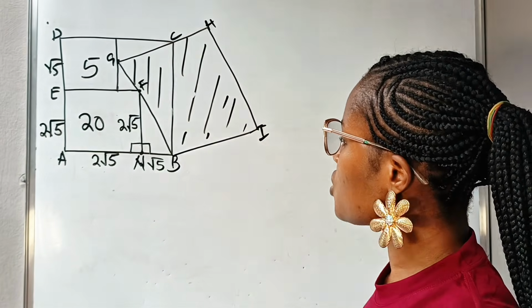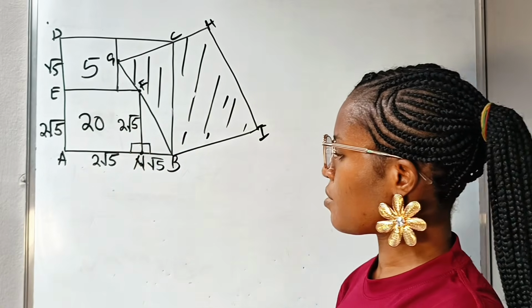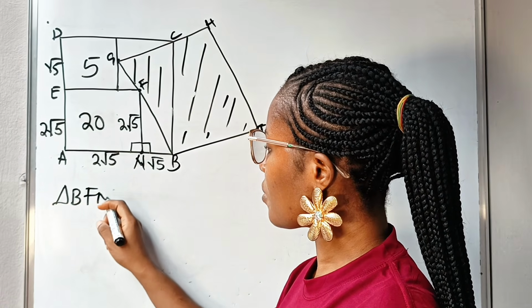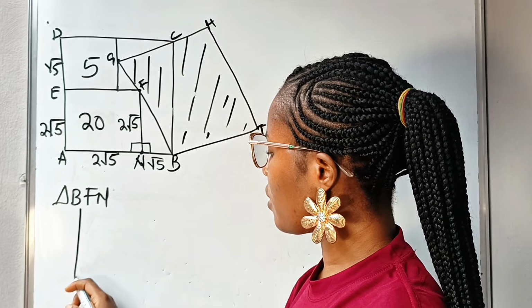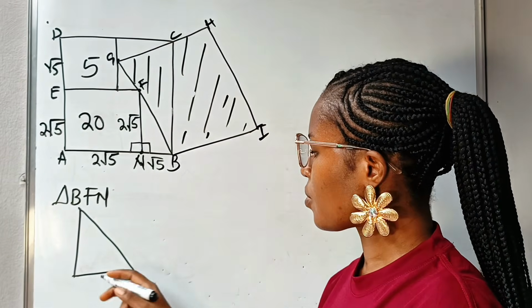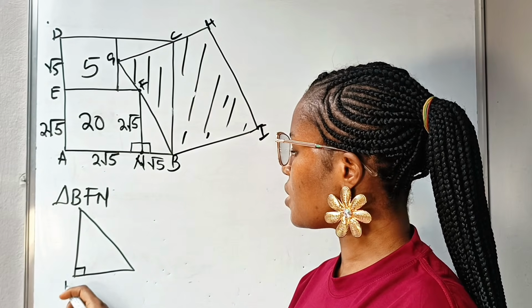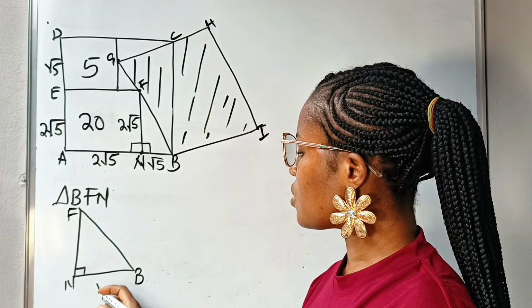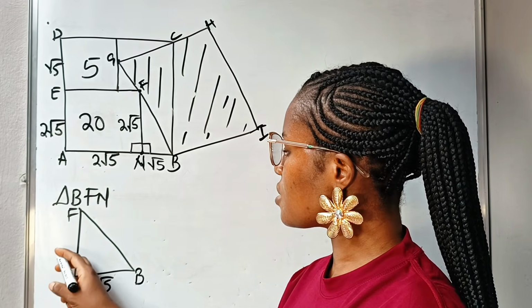Now let's draw out triangle BFN. Triangle BFN, we have this, and we have this, right? So this is the right angle, this is N, this is B, and this is F. So this is root 5, this is 2 root 5.